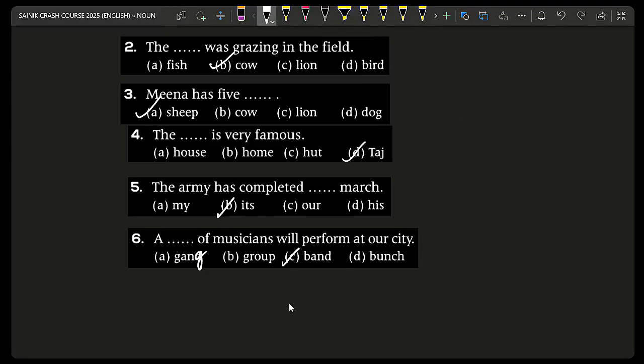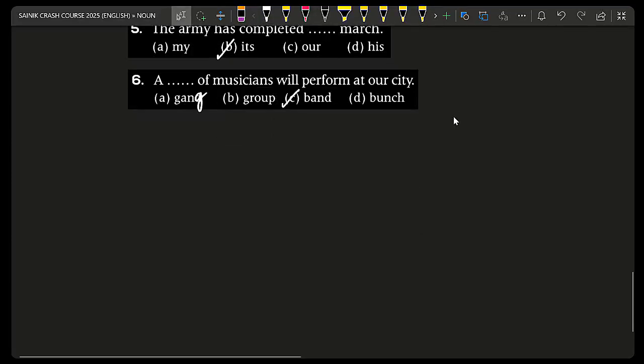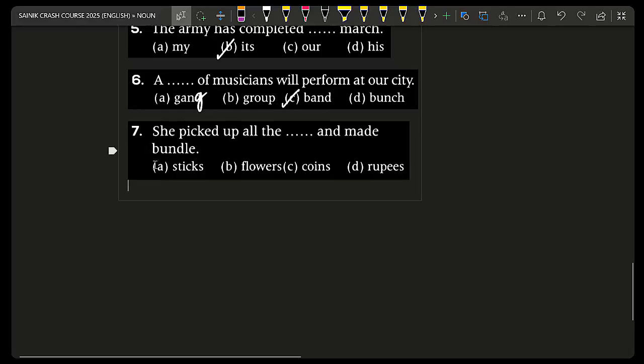Next question, that is the seventh one. She picked up the dash and made a bundle.